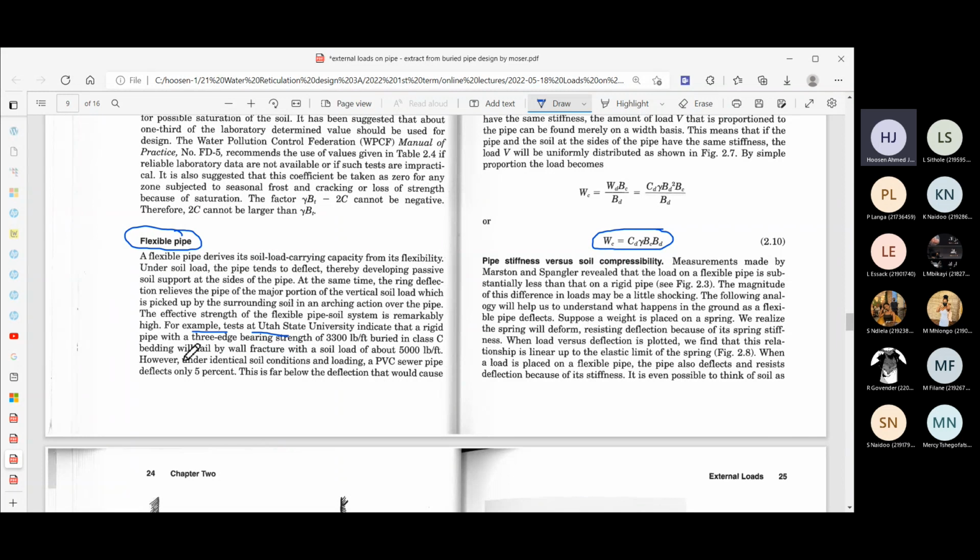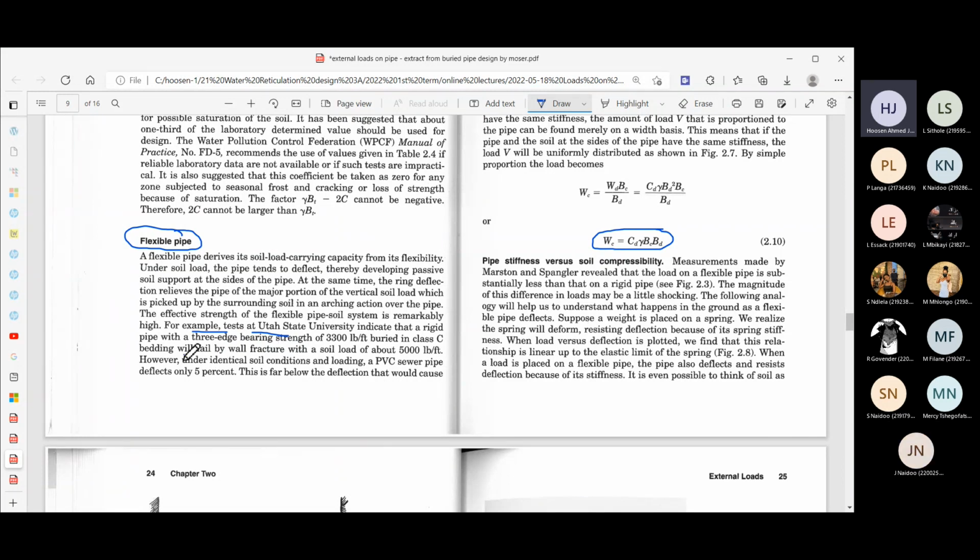But under the same soil conditions and loading, they put a PVC pipe, and it deflected 5% with that particular loading. Now, the rigid pipe, when it started developing those wall fractures, would have been at around 2% deflection. By that point, it would have shown signs of distress, and wall fracture would have started developing with the load of that 5,000 pounds per foot.